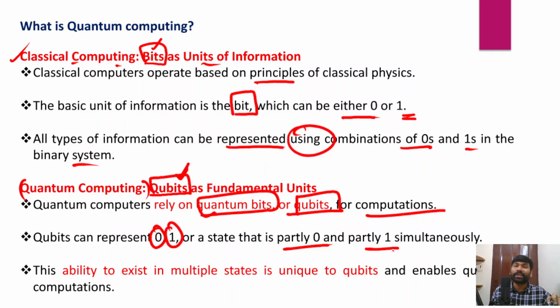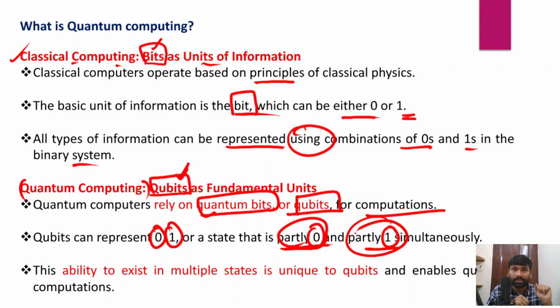But this is not the case with classical computers. They can represent either 0 or 1, but not partly 0 and partly 1 simultaneously.